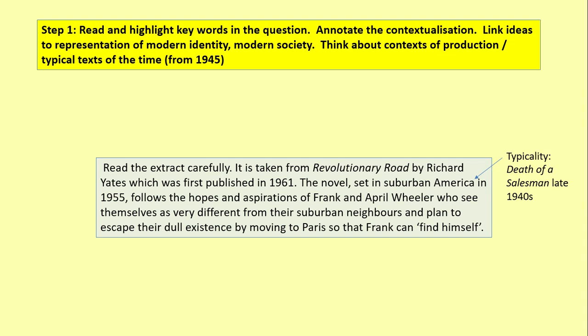Those of you that have studied Perfume, for example, it's a later novel, but there are similar ideas coming out of that. But the one that I chose in terms of typicality was Death of a Salesman, written by Arthur Miller. It was written and set in the late 1940s, so just post-war America, and focuses on the salesman, and the idea that he doesn't fit into modern society.